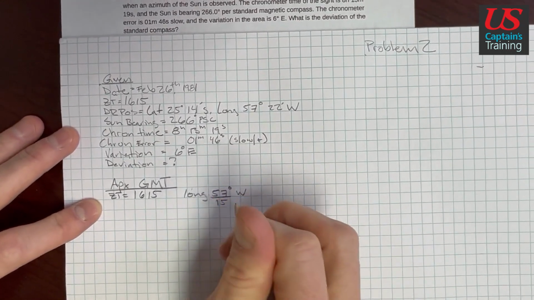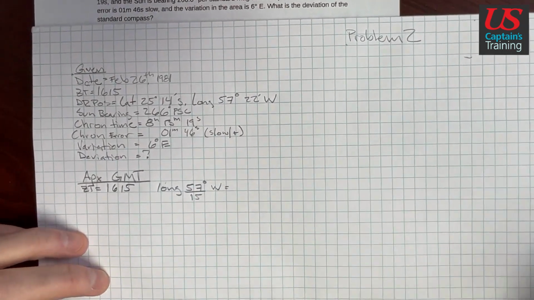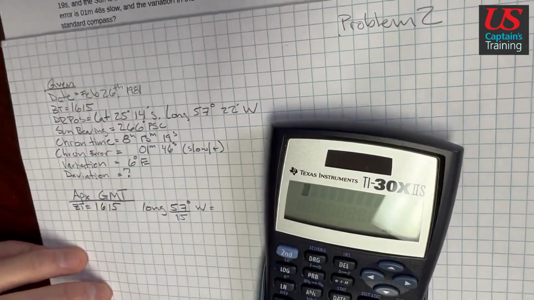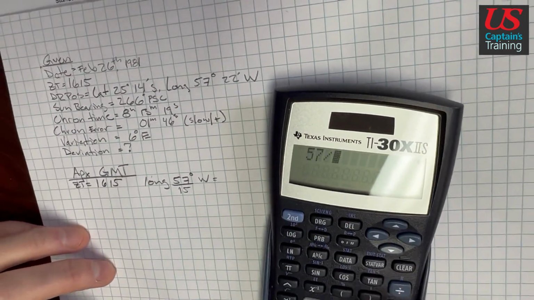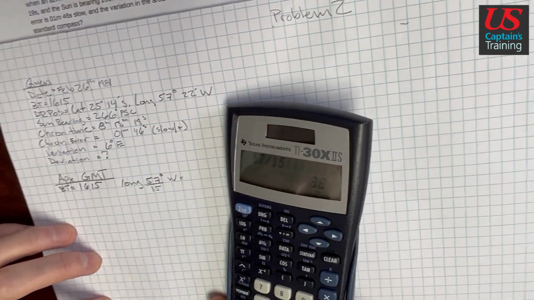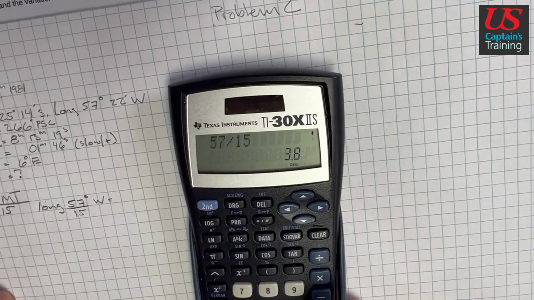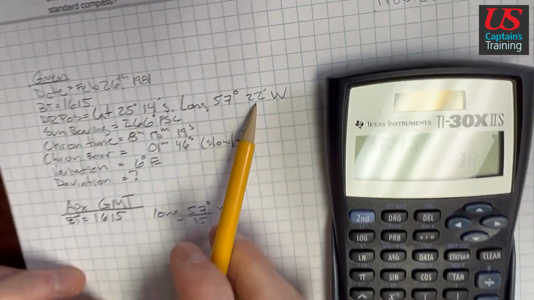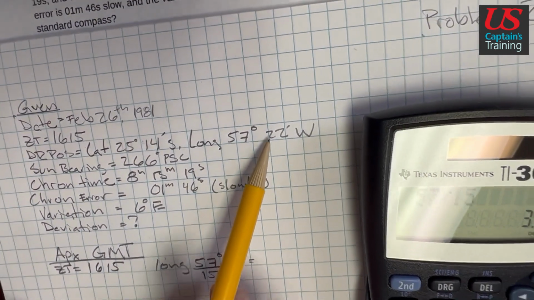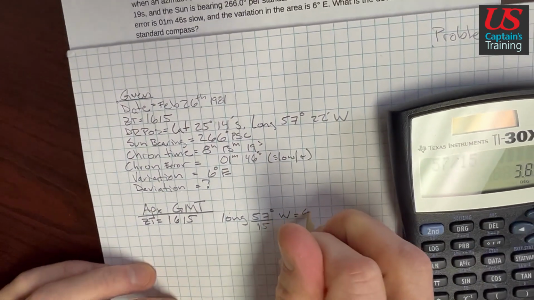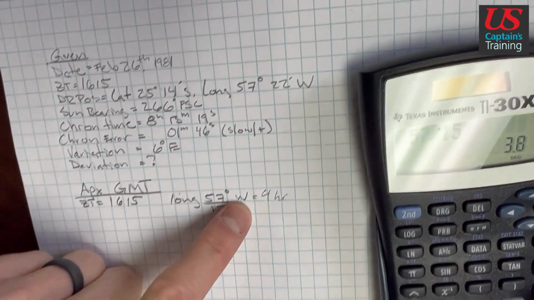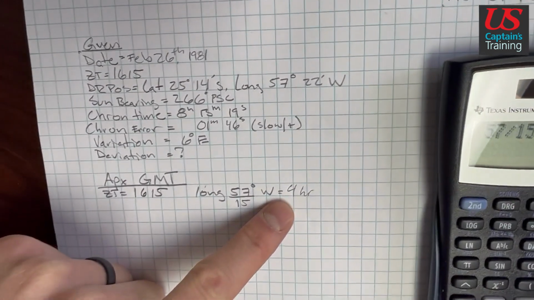But 57 divided by 15 equals 3.8. That rounds up to 4. And again, that 22 minutes, if we turn this into a decimal, it would just push it further towards 4. So it's 4 hours. And we need to figure out, do we add or subtract this 4 hours?